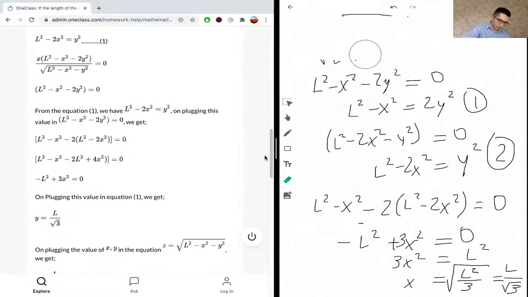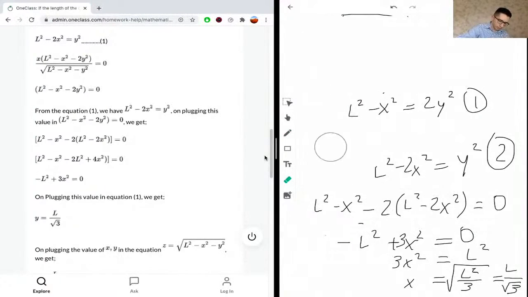So clear up some space here. We'll leave the important equations. So now we plug in the value of x in equation 1 or 2. So let's say we plug it into equation 1. So we'll say L squared minus L over square root 3 squared equals 2y squared.